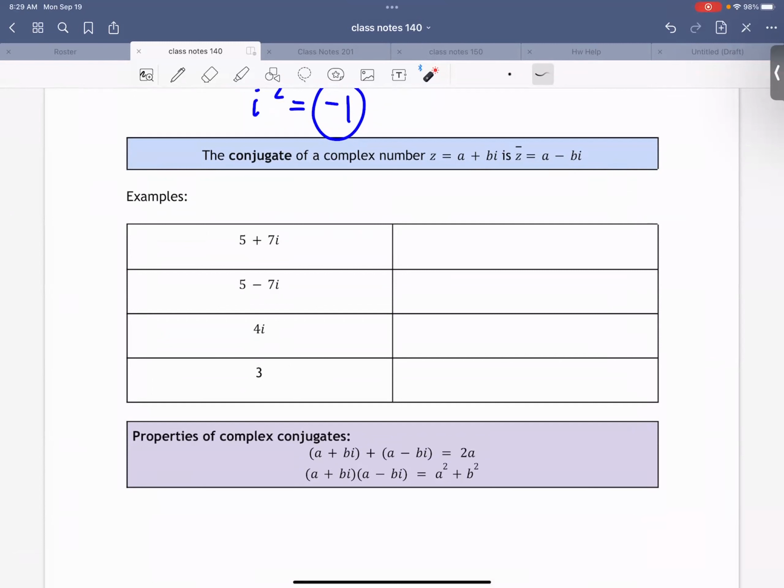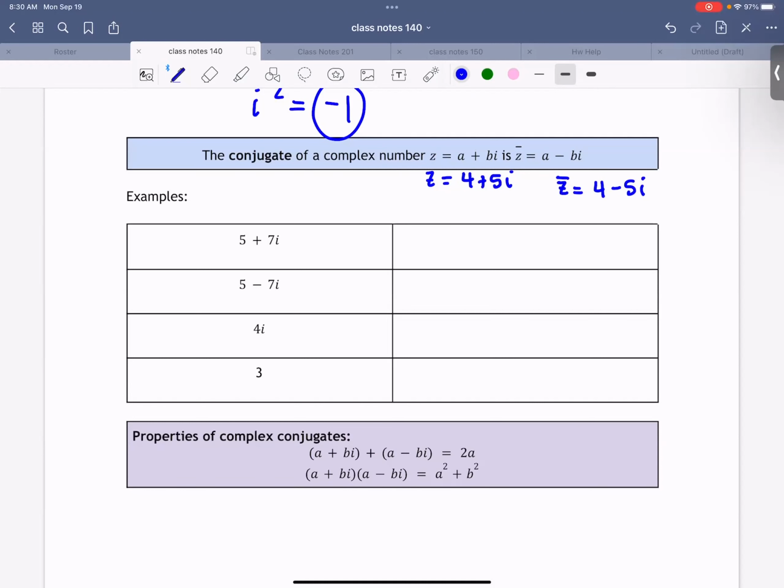For example, z equals 4 plus 5i is a complex number. It has a conjugate that we call z bar. It has a little bar on it, which stands for the conjugate. All we really do is we take the imaginary part and flip its sign. So instead of 4 plus 5i, it would be 4 minus 5i. We flip the imaginary part and keep the real part the same.